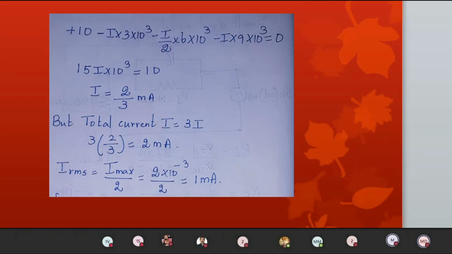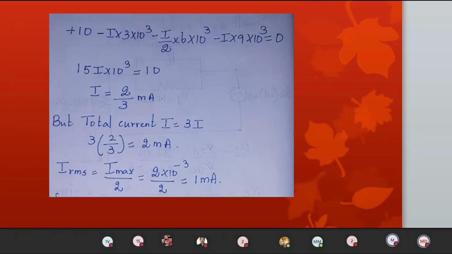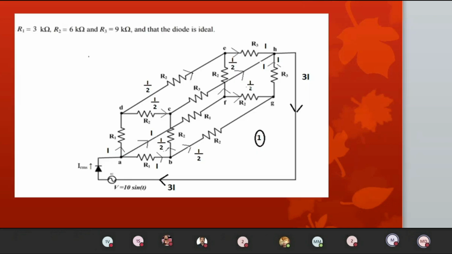So the total current is equal to 3I. Why is the total current 3I? Take care, because you can notice that the input current is 3I. So 3 into 2 by 3, 2 milliamps. Be cautious, students.